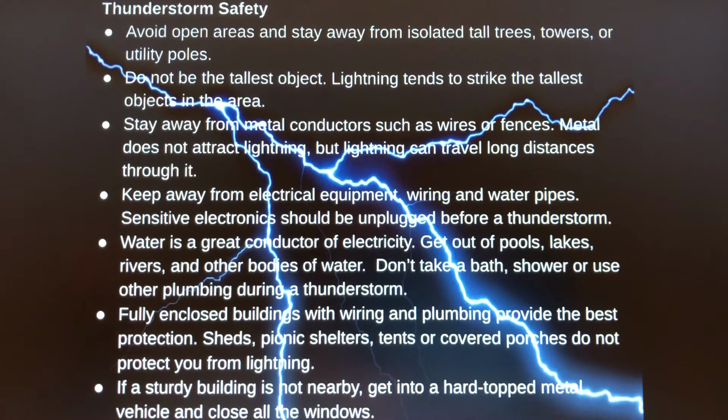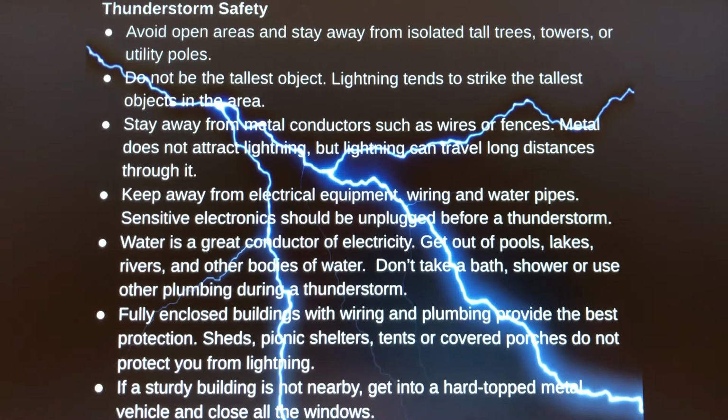That's where you get the side flash lightning strike. It bounces off of that tall object and then gets ricocheted off to you. Also, don't be the tallest object. The step leader is always looking for the streamer, and if you're the tallest object, the streamer's going to come up through you. Stay away from anything metal, like wire, fences.